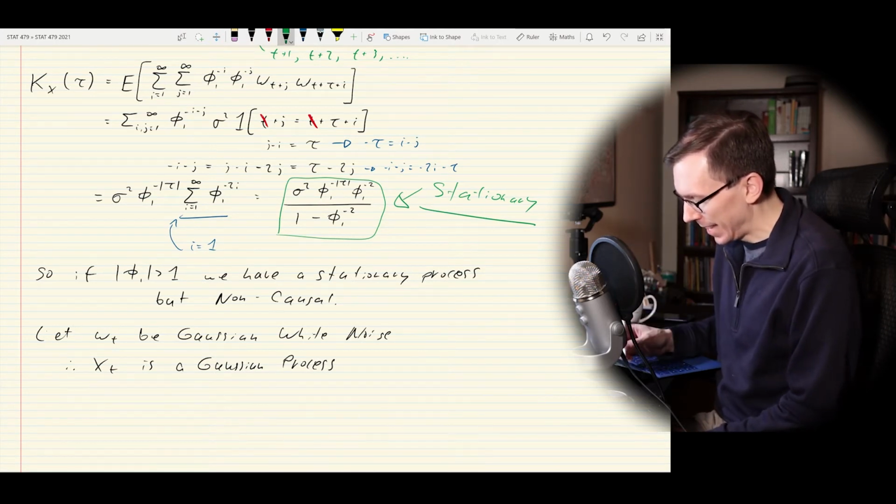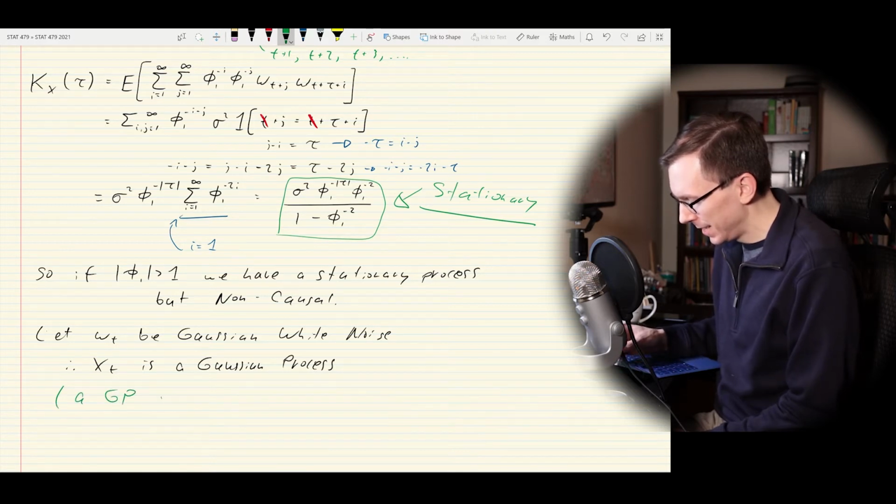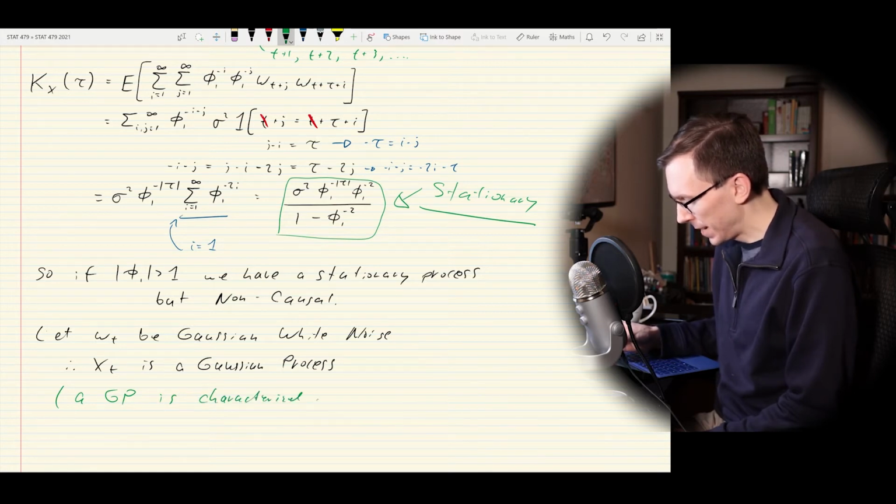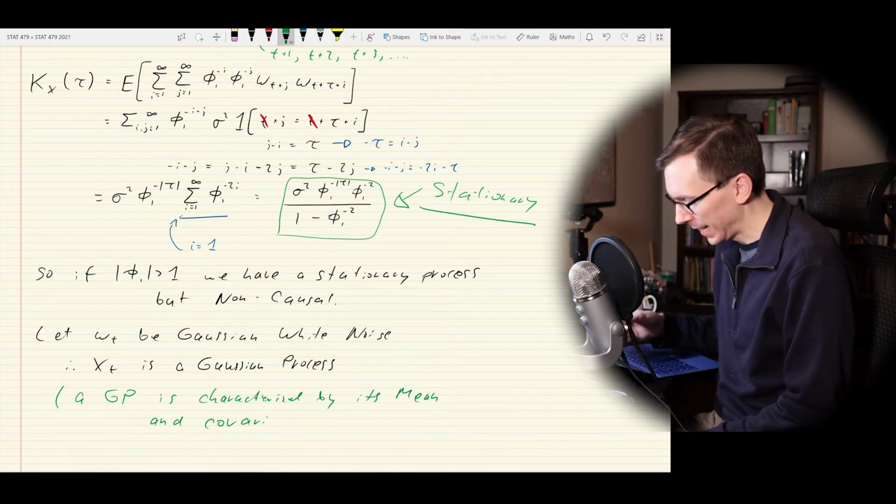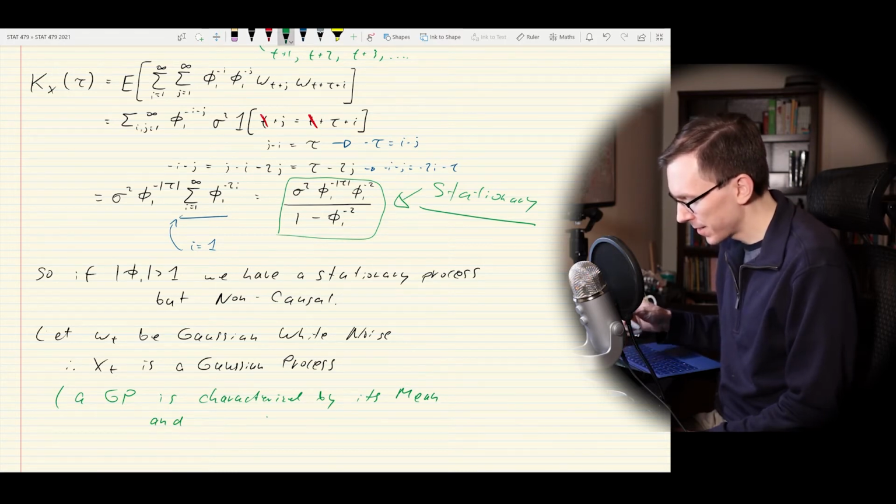Recall that a GP, Gaussian process, is characterized by its mean and autocovariance, I should write to be precise here.